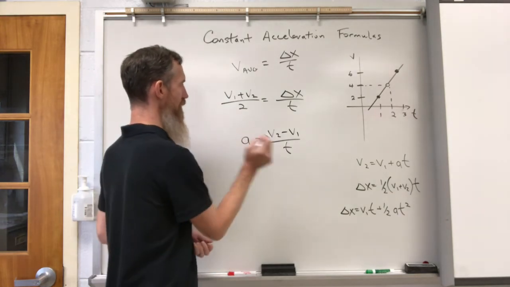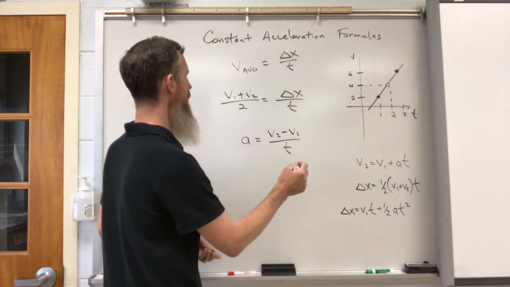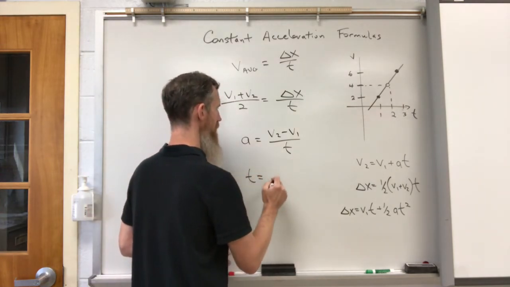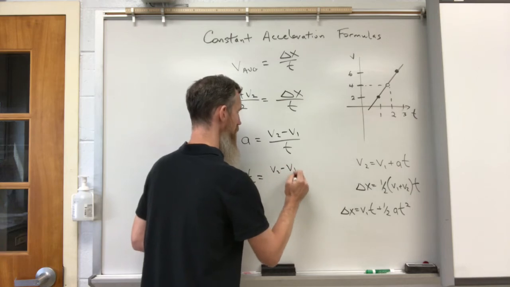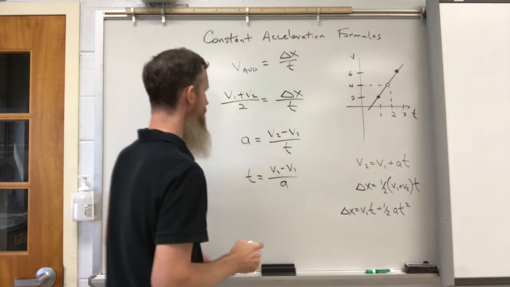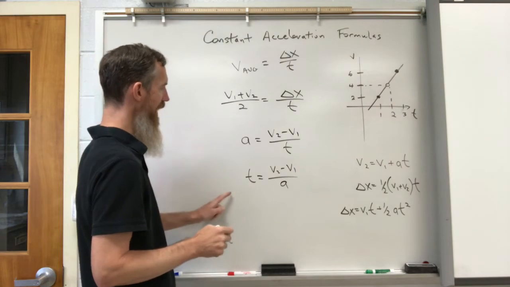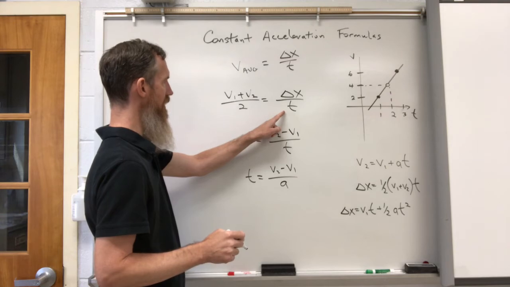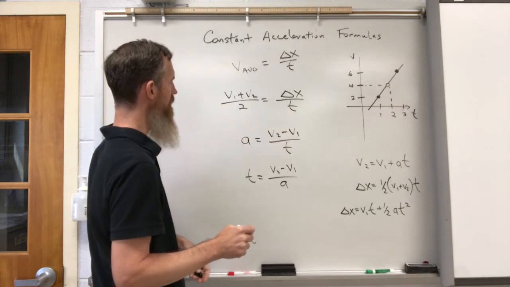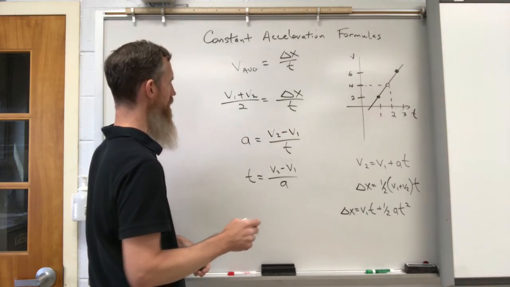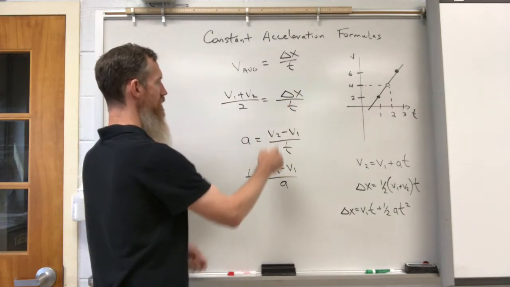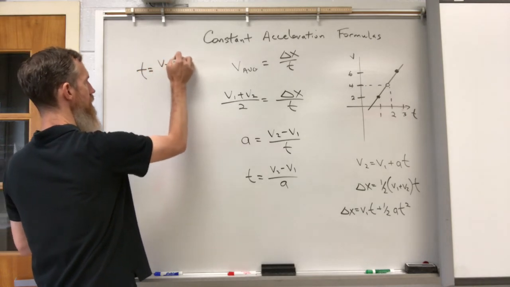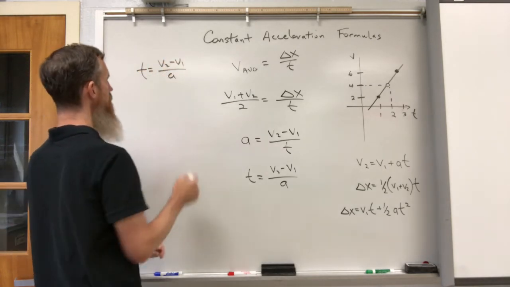I'm going to take this formula and rearrange it to say t equals v2 minus v1 over acceleration. It's getting a little messy, so I'm going to put t equals v2 minus v1 over a over here. So that's fine.